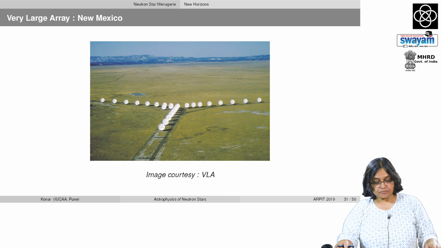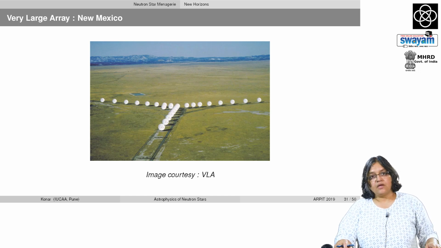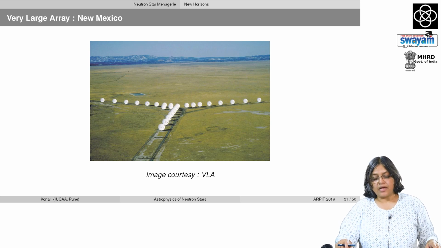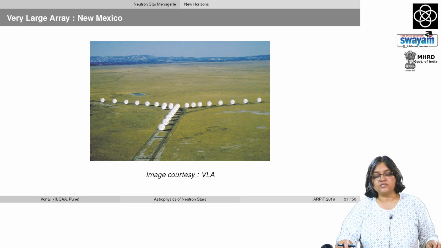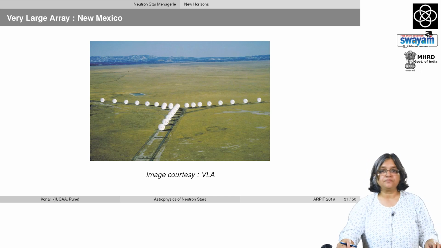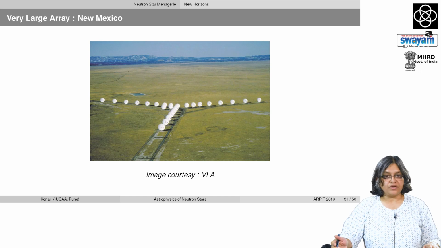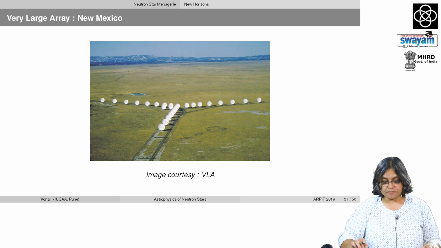This is the Very Large Array in New Mexico, and you see that there are a number of radio antennas there, and they are movable along rails, and therefore, the distance between various antennas can be changed, and you can have different kinds of resolution.